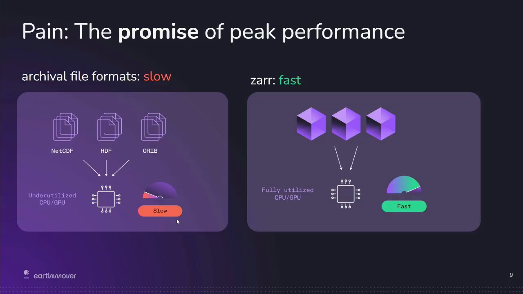Finally, there's this promise of peak performance with ZAR. This is literally from our marketing website. You can put your HDF5 files in the cloud and you get slow performance. You put them in ZAR, you get fast performance, and this is possible for sure.